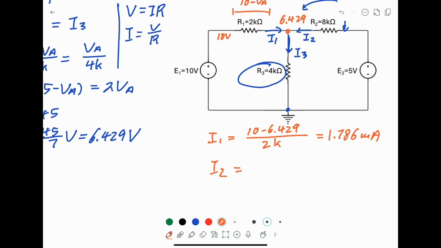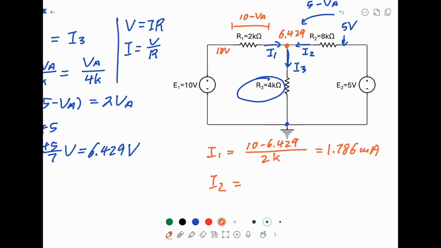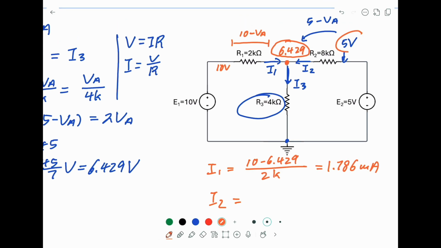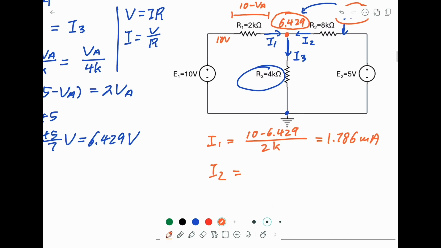I2 equal to, now this is interesting, the voltage at VA is 6.429, so it's actually higher than the 5 volt on the other side. So I2 should be reversed. Let's reverse it ourselves.